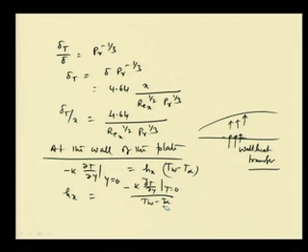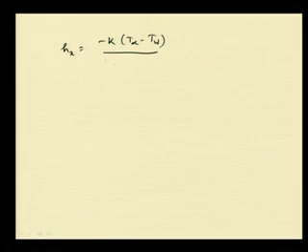Okay. Then if we put in the expressions, h x is equal to minus k into T infinity minus T w by T w minus T infinity into 3 by 2 into 1 by delta t.